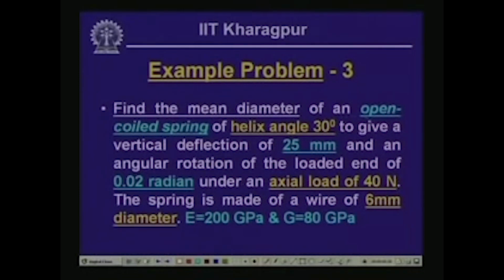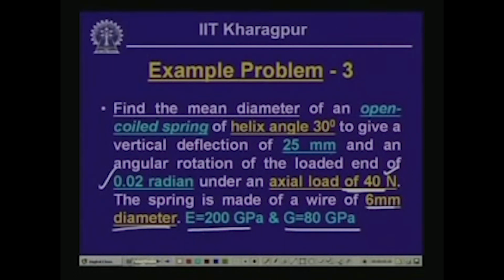Now, there is another example: find the mean diameter of an open coil spring of helix angle 30 degree to give a vertical deflection of 25 millimeter and an angular rotation of the loaded end of 0.02 radian under an axial load of 40 Newton. The spring is made of a wire of 6 millimeter diameter and the values of E and G are given as 280 gigapascal respectively.